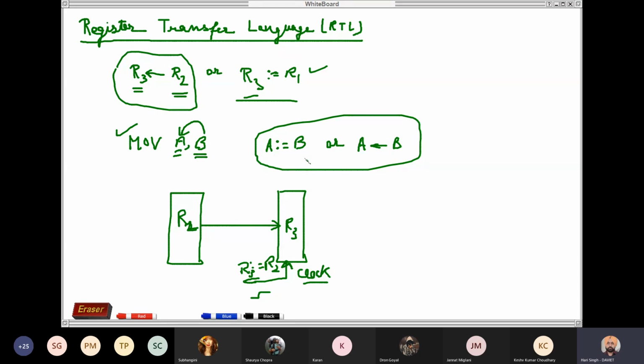So this is an introduction to RTL, that is register transfer language. Next, we will discuss the micro operations which are performed in a microprocessor and their RTL notations.